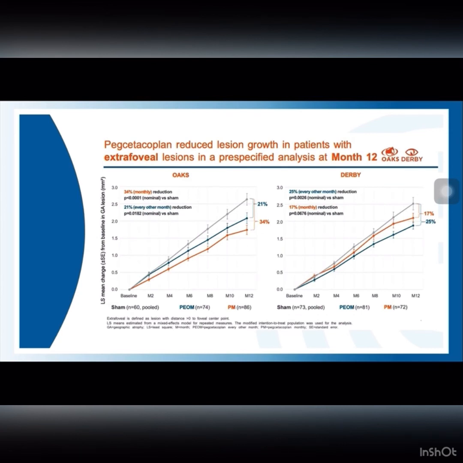The phase 3 trials included an all-comer population, including central and non-central geographic atrophy. Here we can see that pegcetacoplan reduced lesion growth in patients with extrafoveal lesions in a pre-specified analysis at month 12.